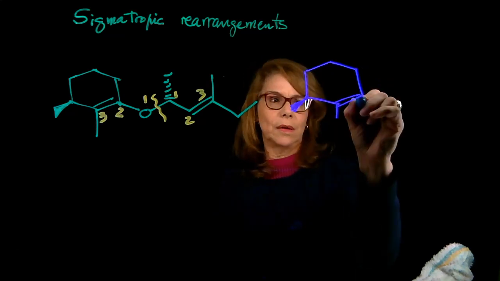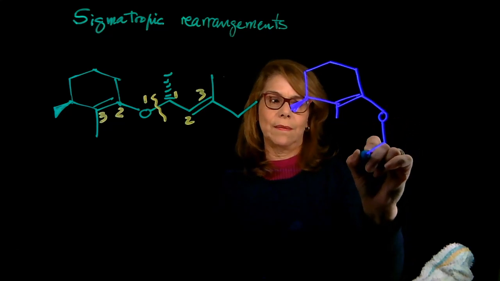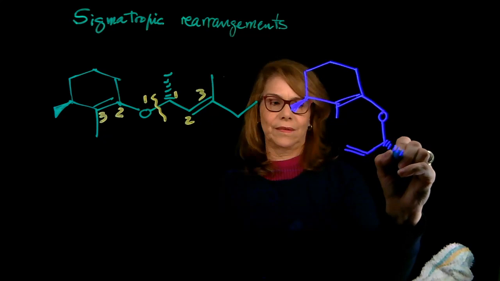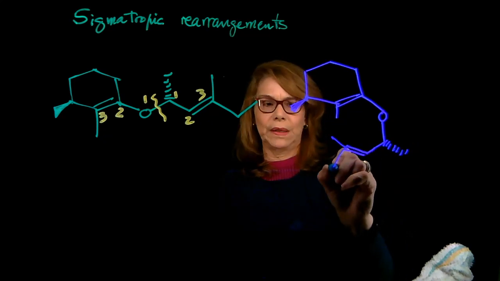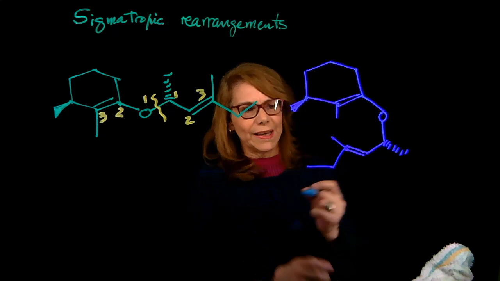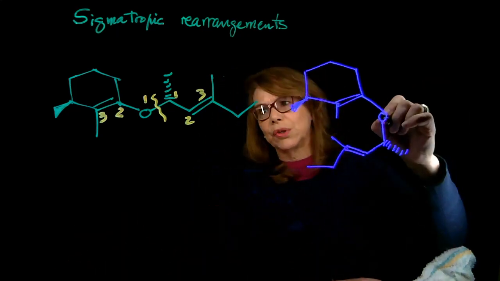And then I'm just going to start folding this. I have one more carbon here, and I have this. And here I had methyl and ethyl. All right, so next step would be identifying that we know that's my allylic portion.